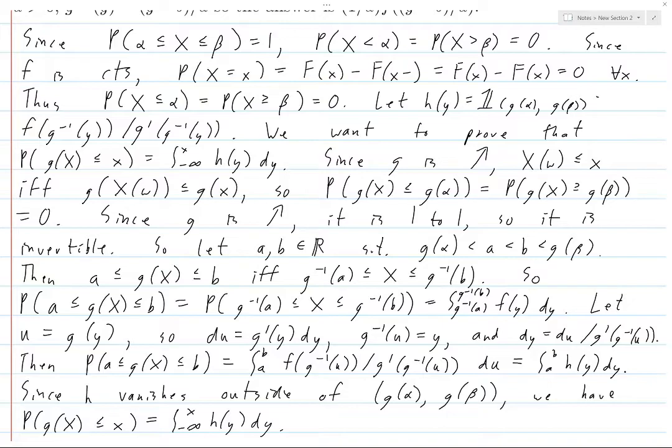If x is between g alpha and g beta, then you integrate from negative infinity to g alpha, and that's going to give you 0. But then you add the integral from g alpha to x, which matches with the support of h. And then if x happens to be beyond g beta, then you just have 1. And so yeah, that's it.